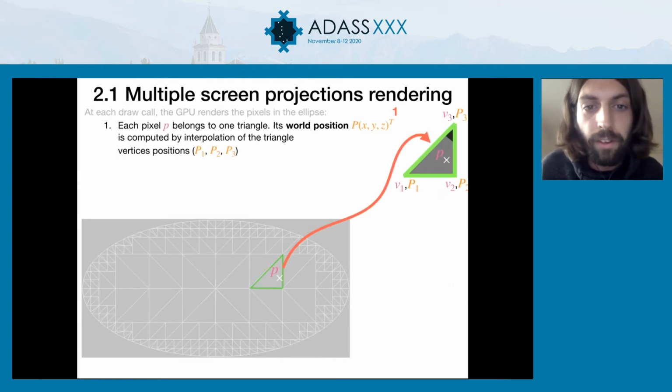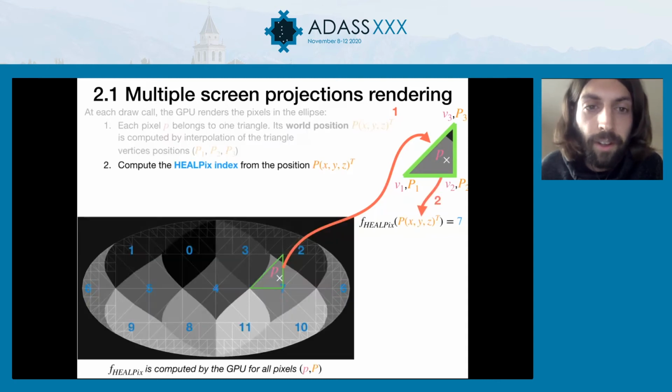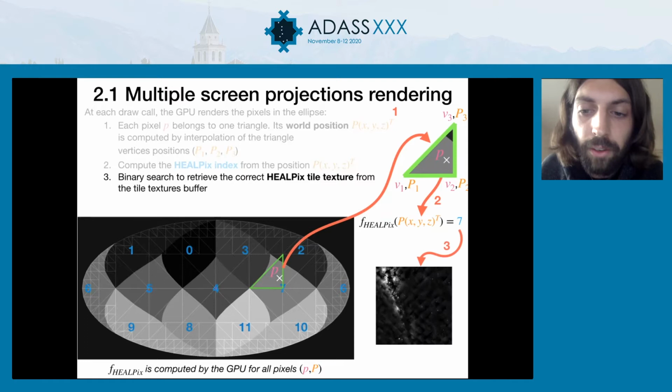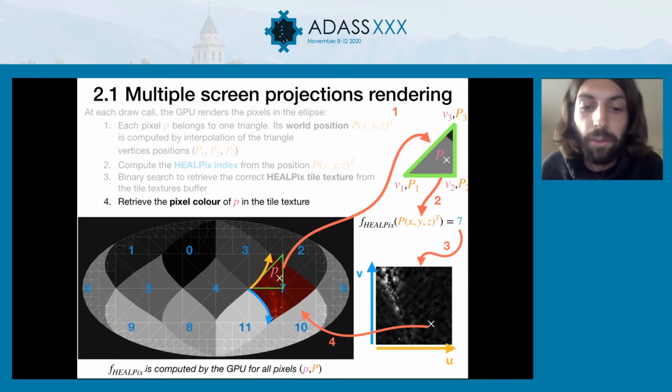For each pixel, we know it belongs to one triangle, and its world position can be computed by the GPU by interpolation. That is very fast. Then from that world position, we can get the HEALPix index where the pixel lies. Then we can retrieve the good tile texture corresponding to that number and the good color in that texture.